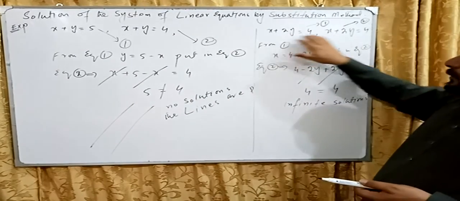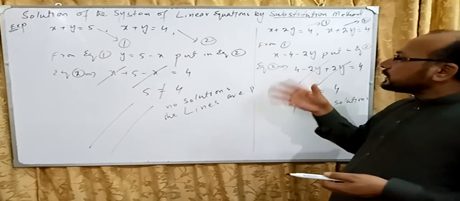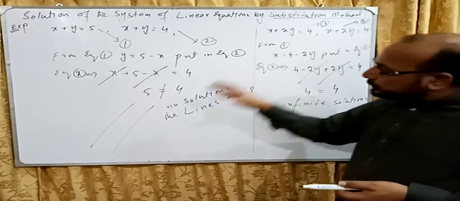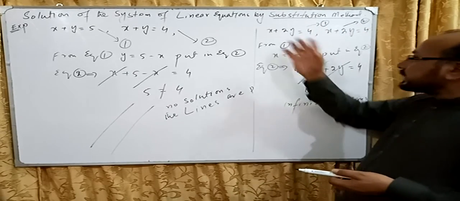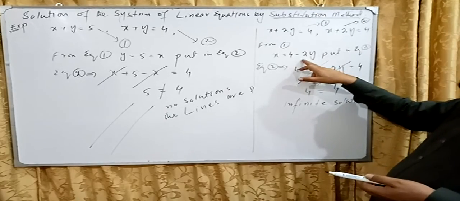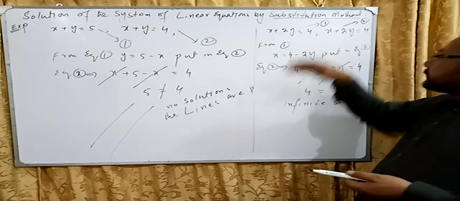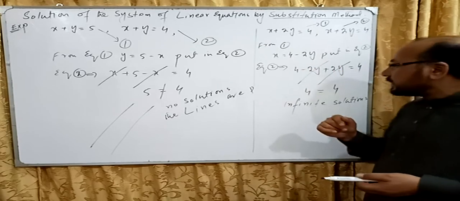Sometimes we have the same equations like this, two equations that are the same. In this case we do the same procedure: giving names to the equations, getting the value of one variable from one equation, and putting that value into the other equation instead of that variable, like we did in this question.